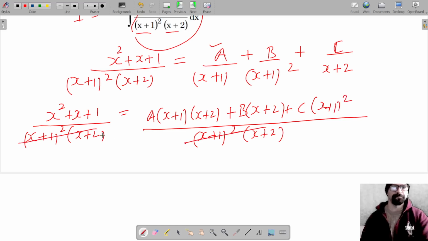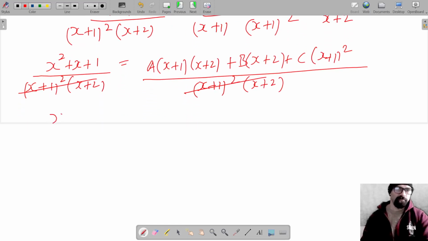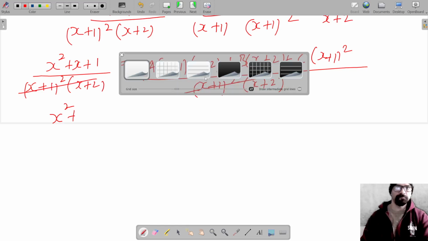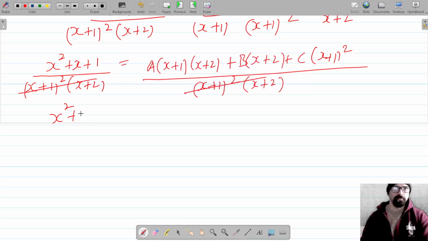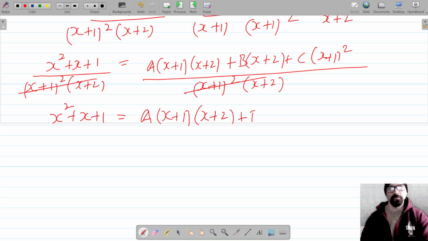So this gets cancelled, and finally we are left with x² + x + 1. So x² + x + 1 is equal to a into (x + 1) into (x + 2) plus b into (x + 2) plus c into (x + 1)².